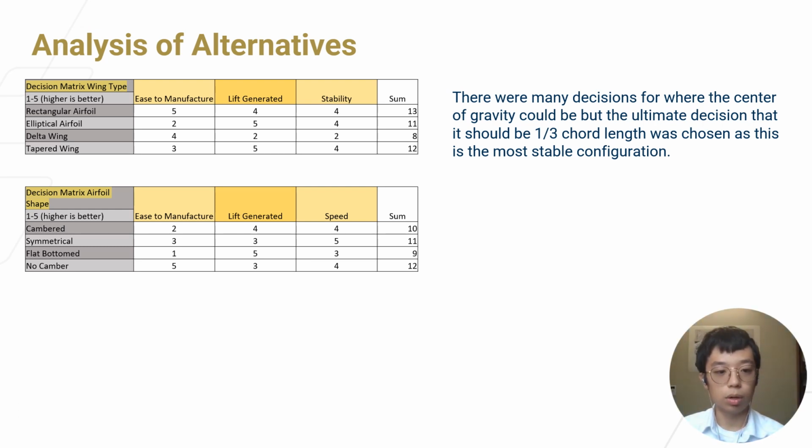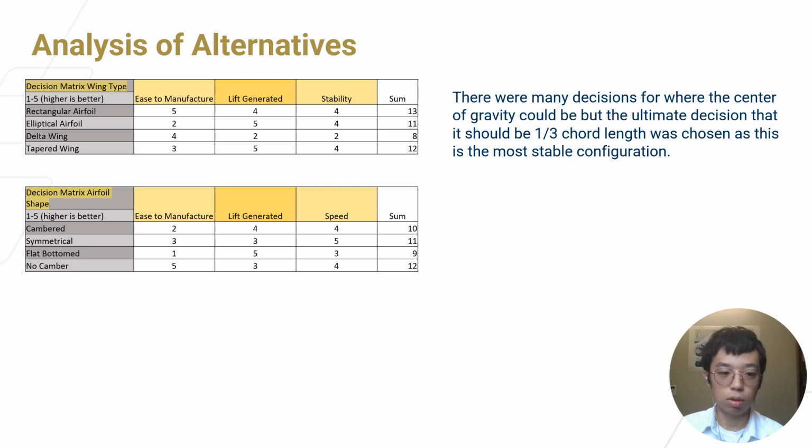And then below that, there is airfoil shape, such as if I wanted to camber it, make it symmetrical, flat bottom, or not have a camber. Because balsa wood is so light and brittle, it would be extremely difficult to properly camber the wings, even though the advantages that it generated would probably have made the glider a lot more aerodynamic.